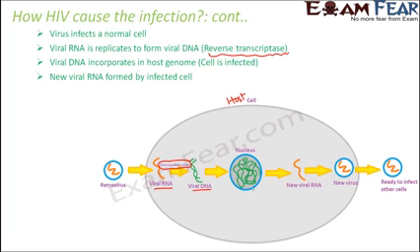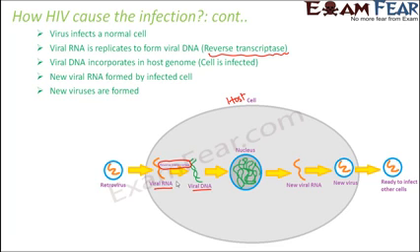So that viral DNA will be considered as the host's DNA, and then the DNA will undergo transcription to form RNA, and that is how viral RNA will be formed. So a new viral RNA is actually getting formed. What will happen to this new RNA? From this new RNA, new viruses will be formed, and these new viruses will again be released out of the cell, and they will be ready to infect another cell.